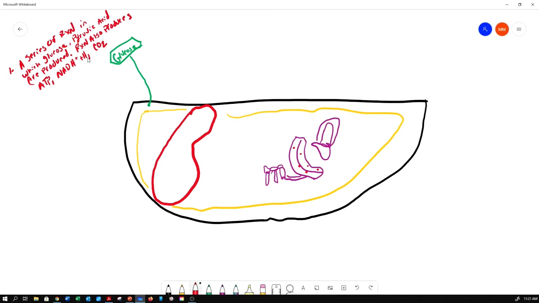All right, so we have a series of reactions in which glucose is going to produce pyruvic acid, and it also produces ATP, NADH, and CO2.